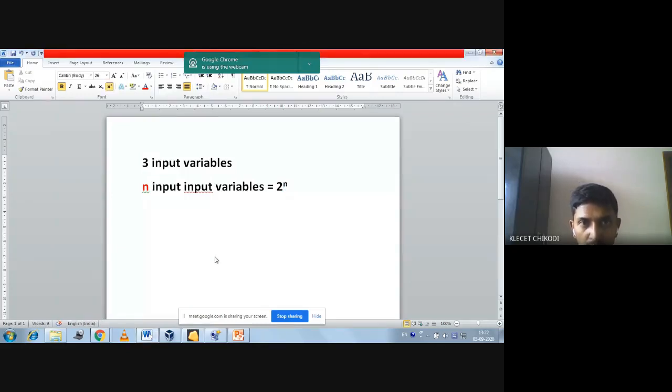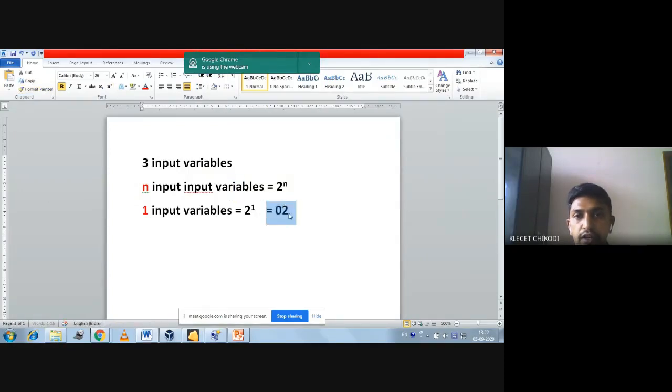Okay. What I will do here is choose only one input variable now. If you choose one input variable, let me know what is the answer we'll get here. 2. If I choose only one input variable, we are getting 2, fine.